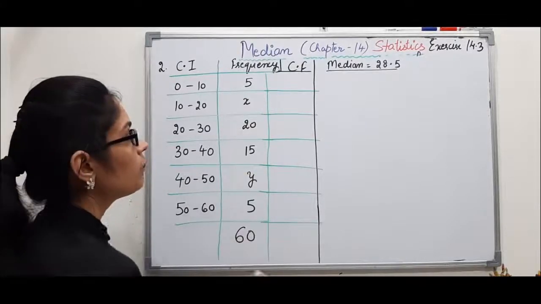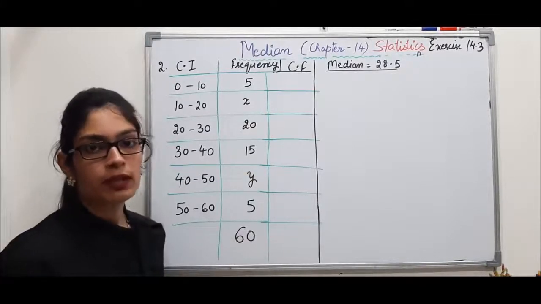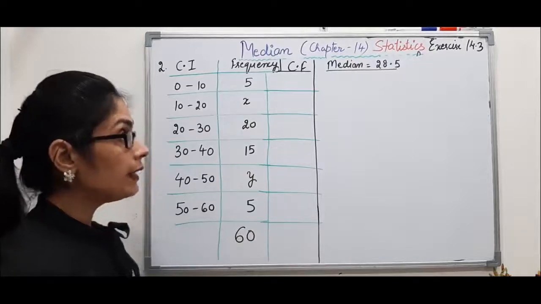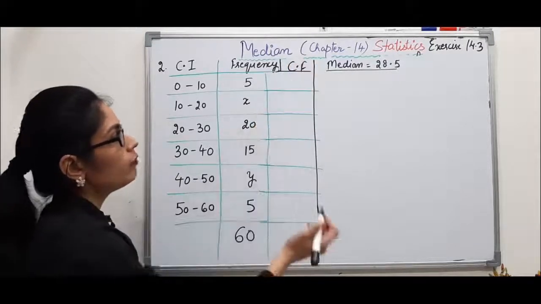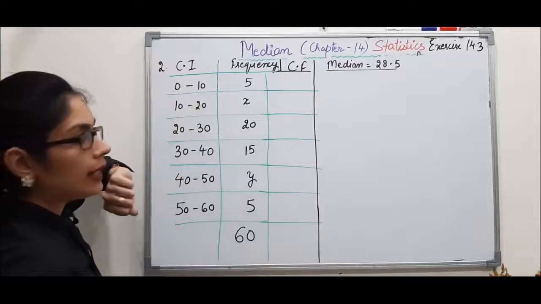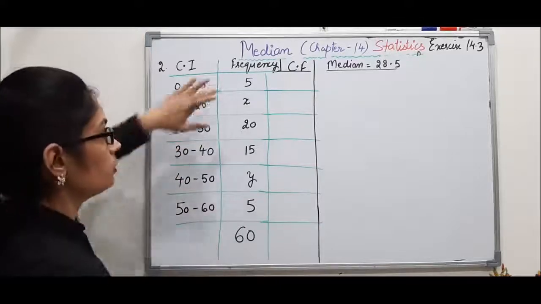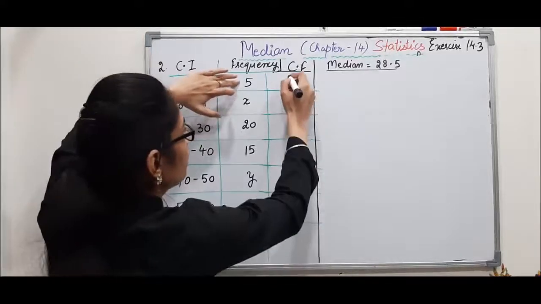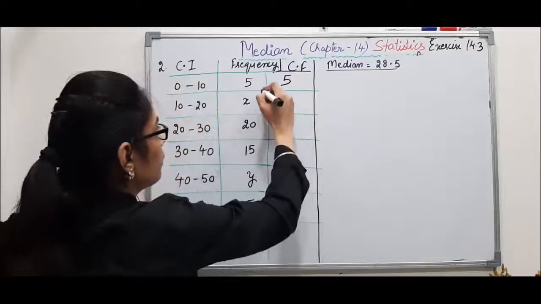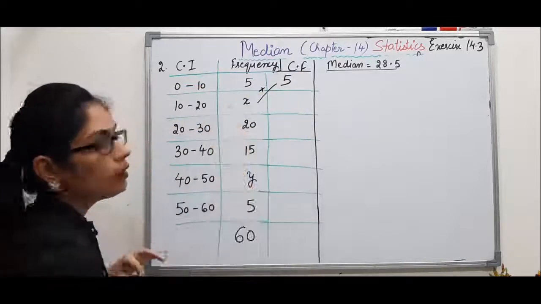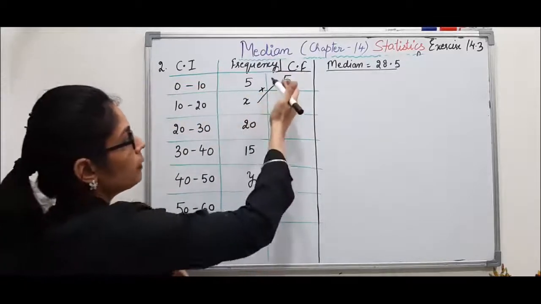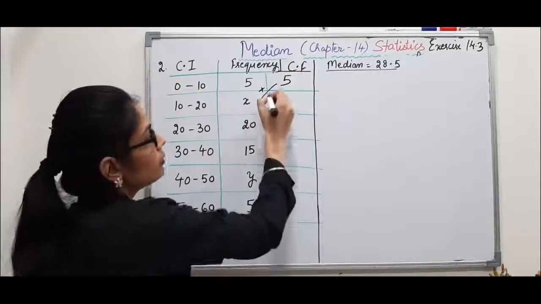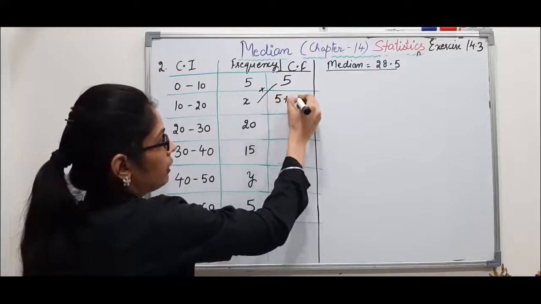So let's start. The first step whenever we are calculating median is to find the cumulative frequency. Like I told you in the previous question also, the first term will remain the same, then with slant addition you can keep on adding. So because we don't know the value, we can write 5 plus x.